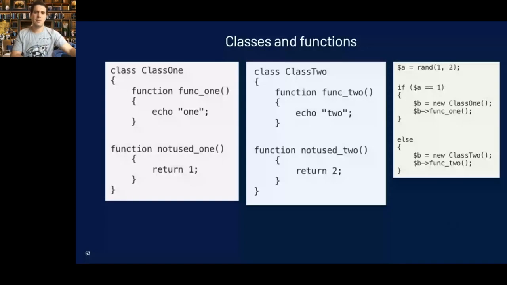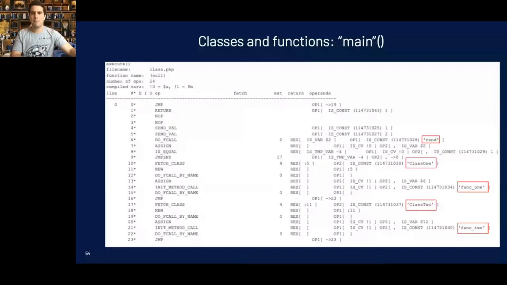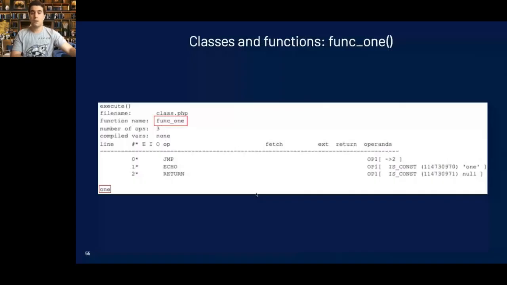Now, when I ran VLD against that, here's the output of that main logic. We can see that a random number is generated. Depending on that, either class 1 or class 2 is instantiated, and func1 or func2 would be called. Now, in this case, func1 was called and class 1 was instantiated.